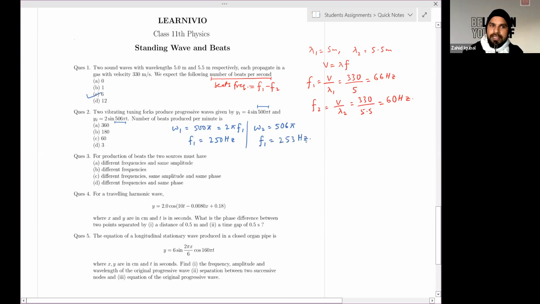Use the above formula and try to calculate the number of beats per minute. Atif, in this part, we have to calculate per minute. So multiply your answer by 60.